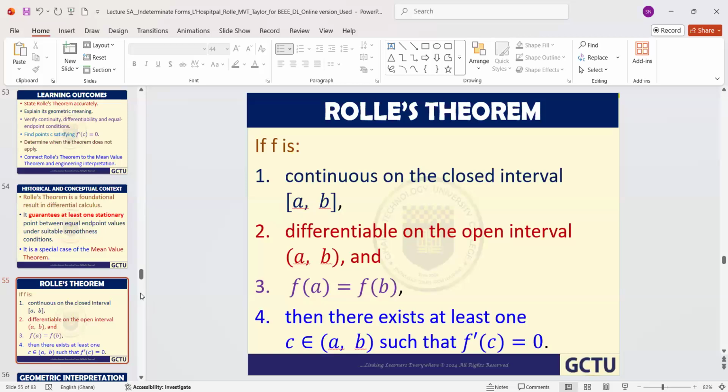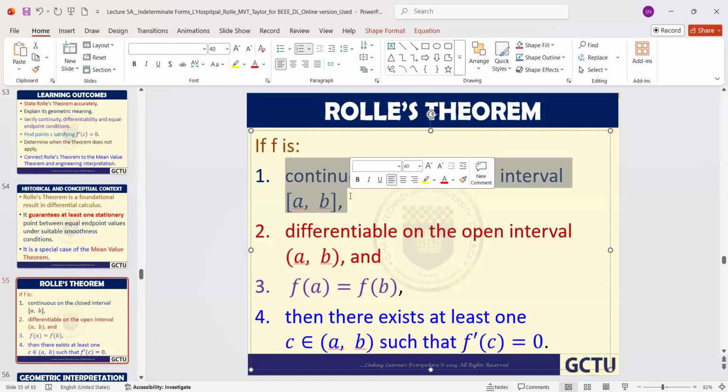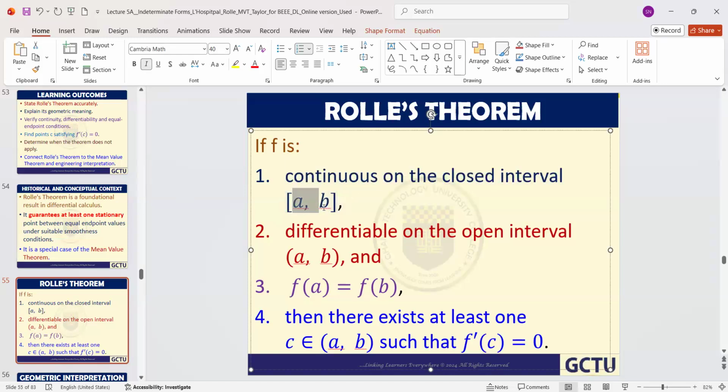It says that if you are given a function, check whether the function is continuous. What does it mean? You must substitute the values into the equation and see whether they exist. So check whether the function is continuous within the interval that is given. Then number two, differentiate the function and see within the same interval. And check whether f of a and f of b, the answers, are the same.